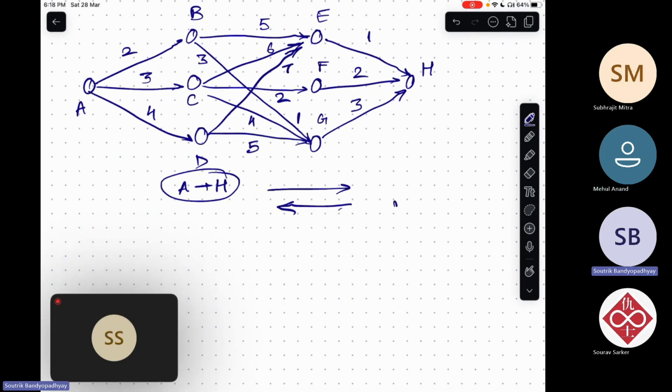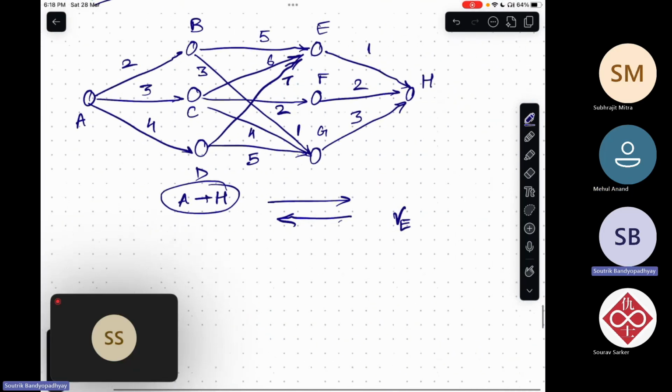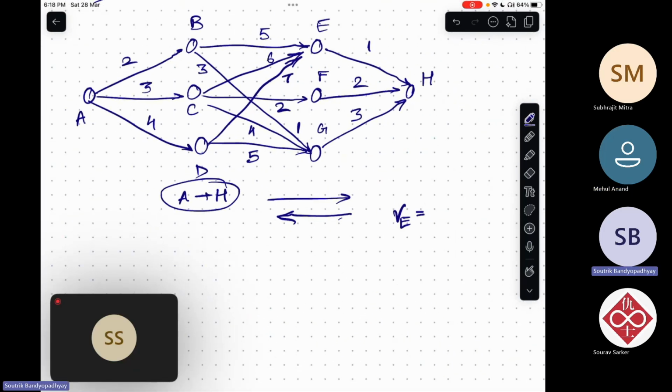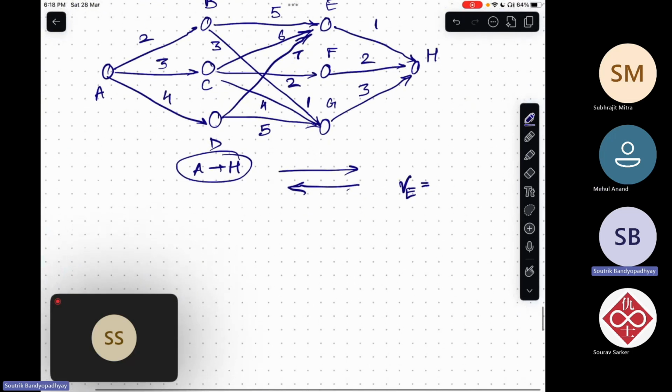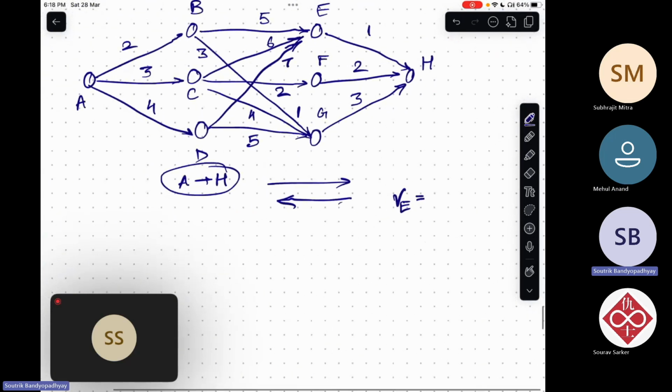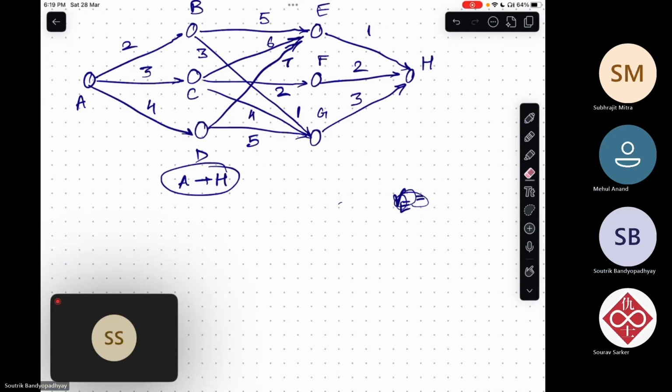So what is the value of E, from E to H? What are the possible actions that I can take? There is only one. So the maximization doesn't make any sense here, right?